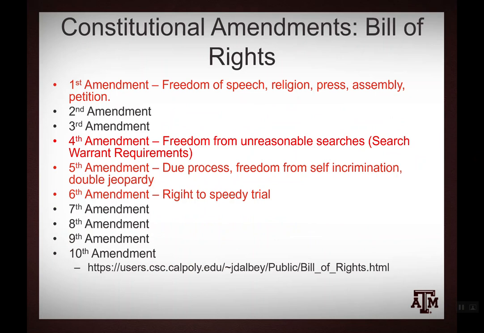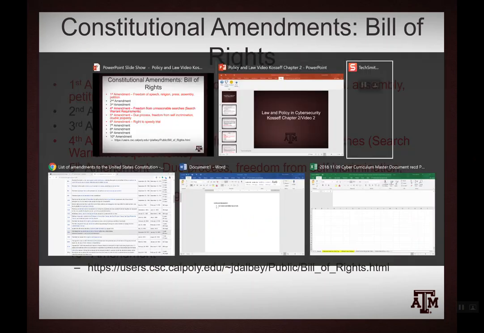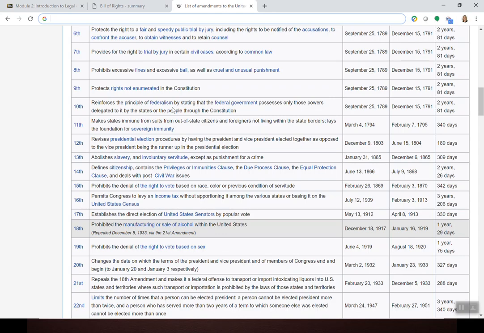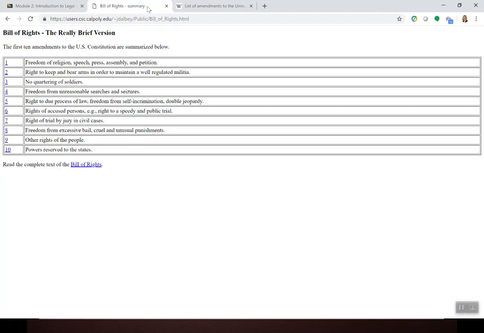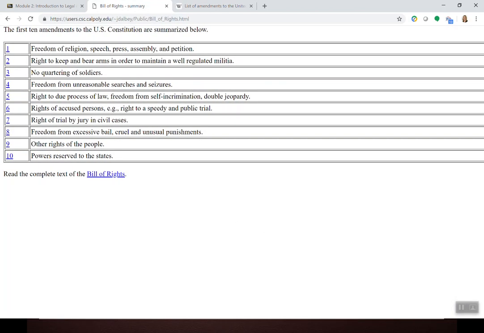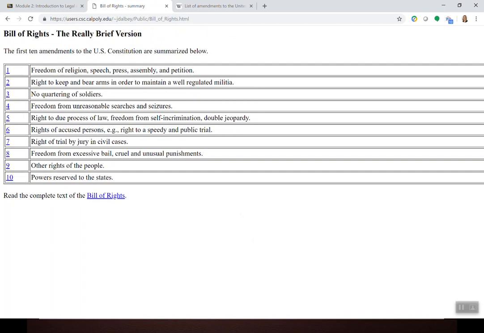Now, I want to take a minute. The book doesn't say anything, but we talk about the amendments in the Bill of Rights. I've put in red which ones you'll see in cybersecurity quite a bit. And let's go to our little chart here. You'll see sometimes in cybersecurity or cyber cases, someone denied freedom of the press or freedom of speech or something like this online.